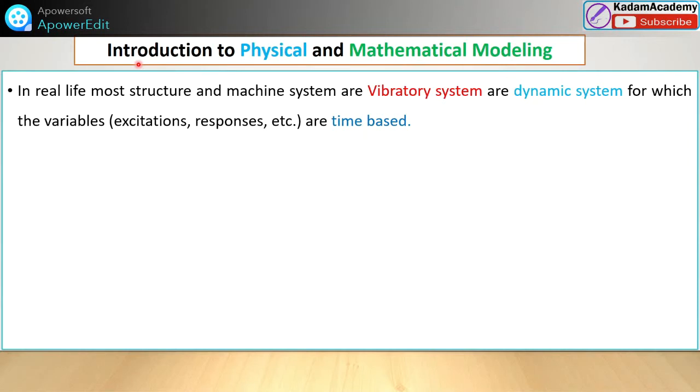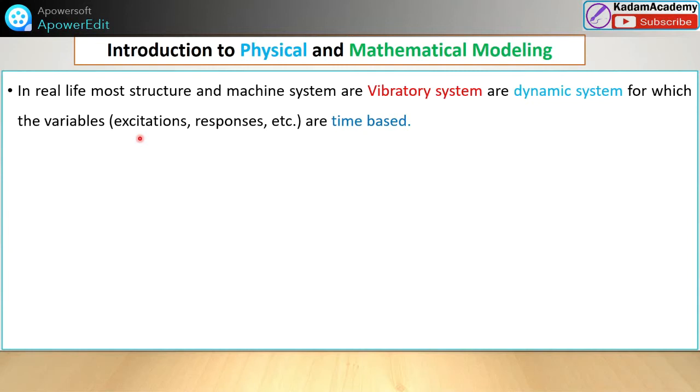For such a vibrating physical system, the dynamic system has variables, that is the excitation and responses, which are time based. These time-based responses and excitations are there in each vibratory system. Okay.